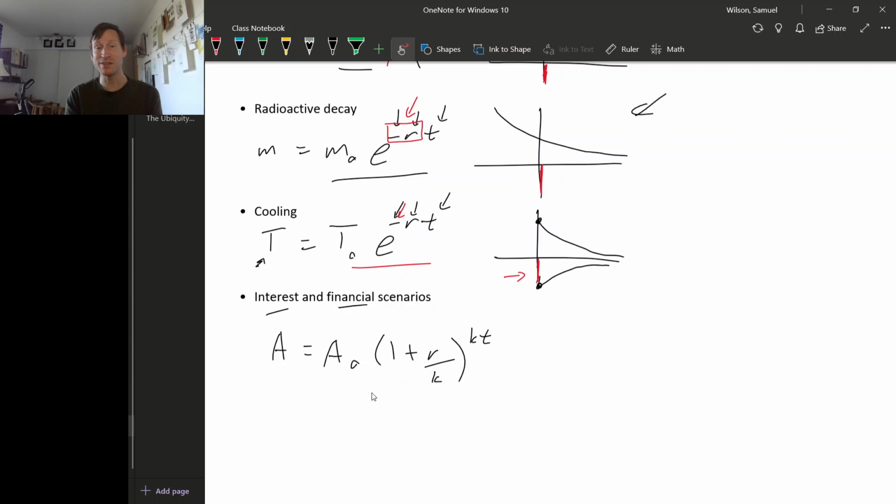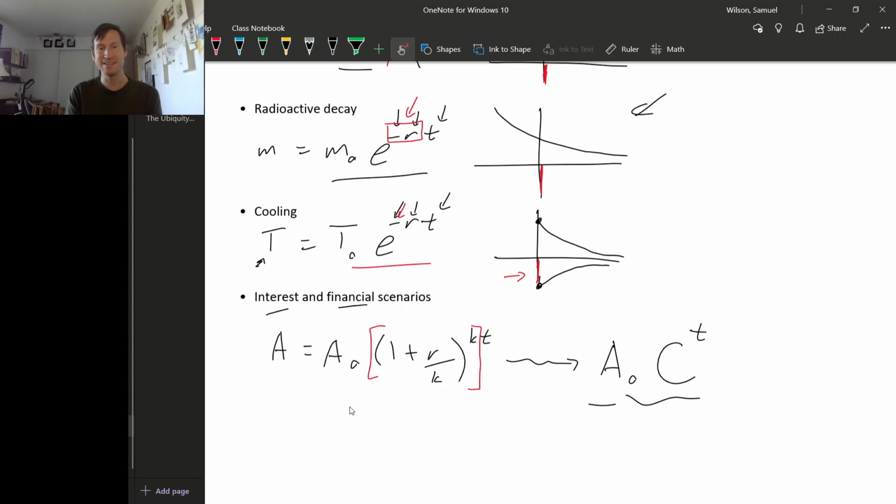The important thing about this is that all this stuff that I'm surrounding in brackets is a constant once you've chosen your interest rate and how often you compound. And so all of that stuff acts like some big constant that you're raising to a power. And again, it's exponential.